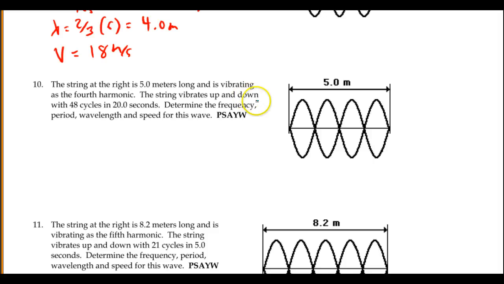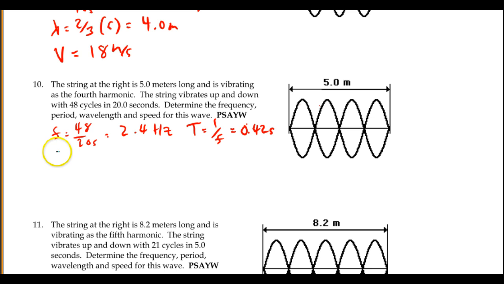Okay, here we have the fourth harmonic, which is 4 antinodes, and we have 48 cycles in 20 seconds. So we have a frequency of 2.4 hertz, that's cycles per second. The period, again, is always 1 over the frequency, so that's 1 over 2.4 is 0.42 seconds.